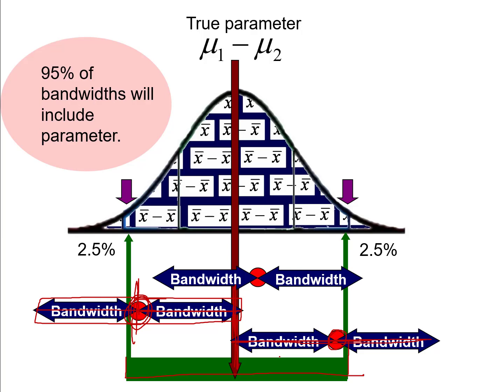So if I do a study and put the bandwidth around the statistic for my study, 95% of the time it will include the true population parameter. So I can say that I'm 95% confident that my statistic plus or minus the bandwidth will include the true population parameter, and that is the 95% confidence interval. That's how we do it.